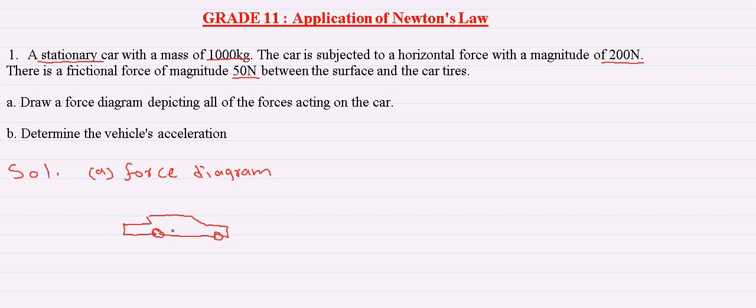If it's stationary, how many forces are acting on the car? There is the normal force, which is Fn, and the force of gravity, which is Fg. Because the car is not moving up and down, Fg must be the same length as Fn. That's a car that is stationary.